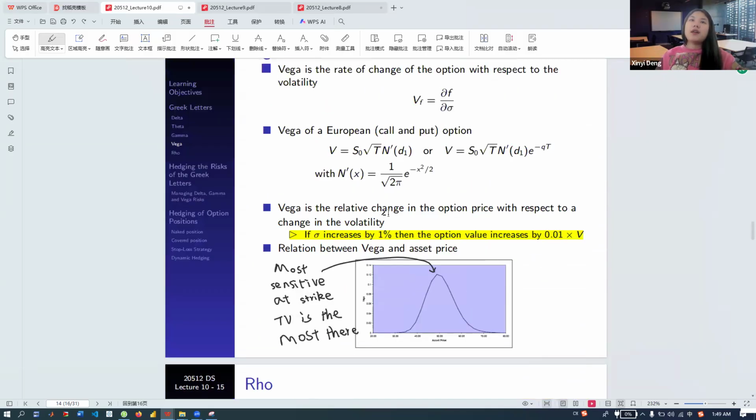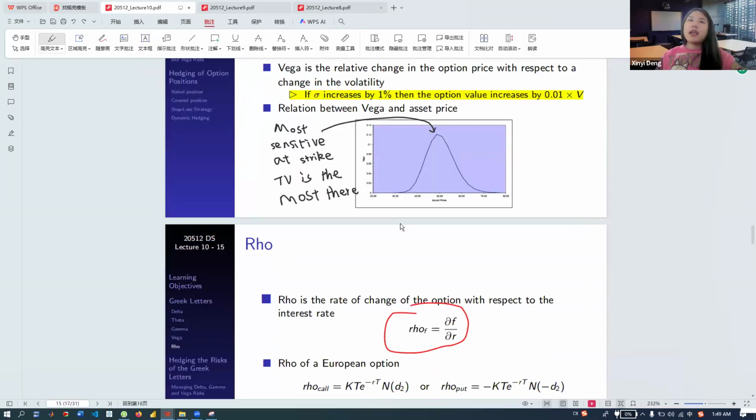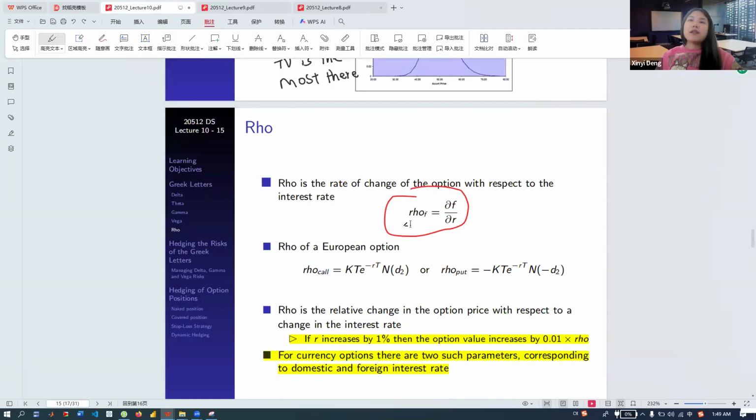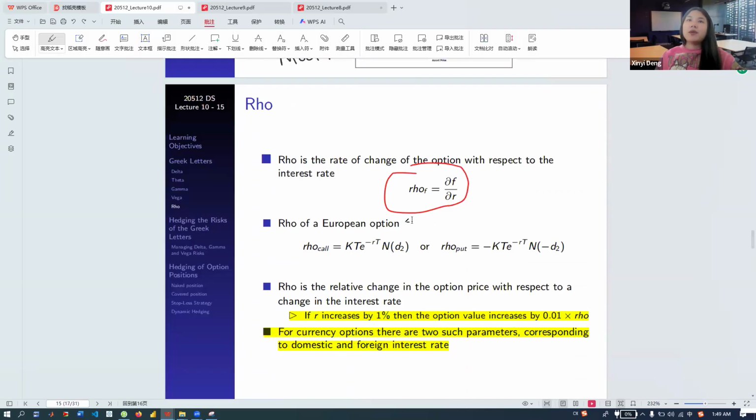Therefore, any 1% change in sigma or 1% change in R is going to lead to 0.01 times Vega or 0.01 times rho units of change in the option price.